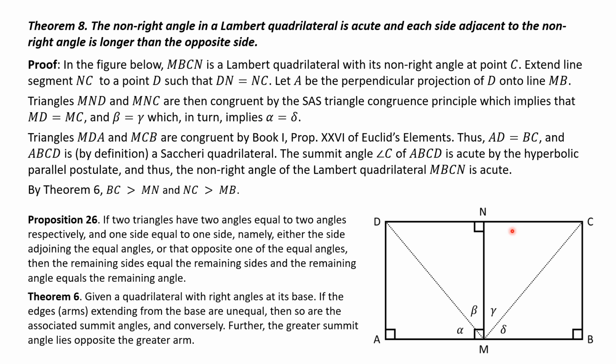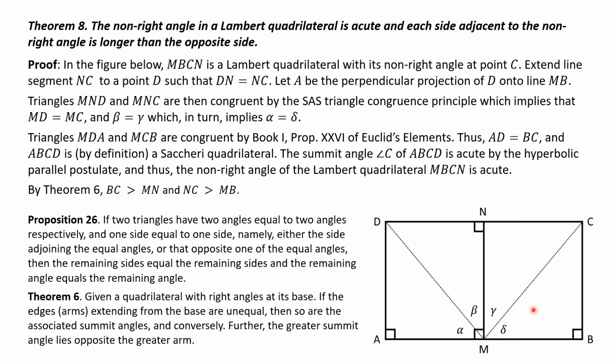And then we have from theorem 6 that BC, being opposite the larger summit angle in this quadrilateral, is bigger than MN.